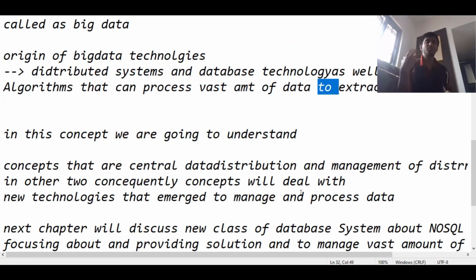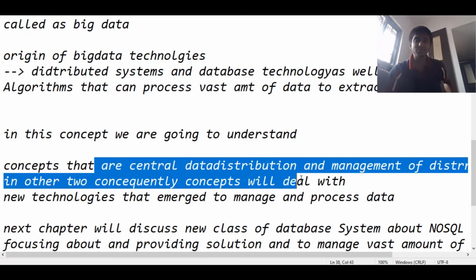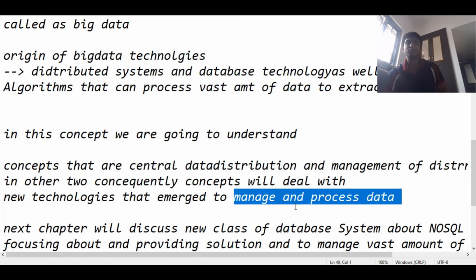In this chapter we are going to understand the concepts required for data distribution and management, that is, managing and processing the data.